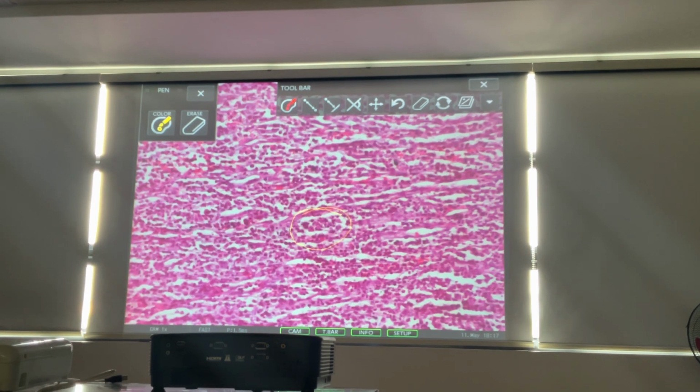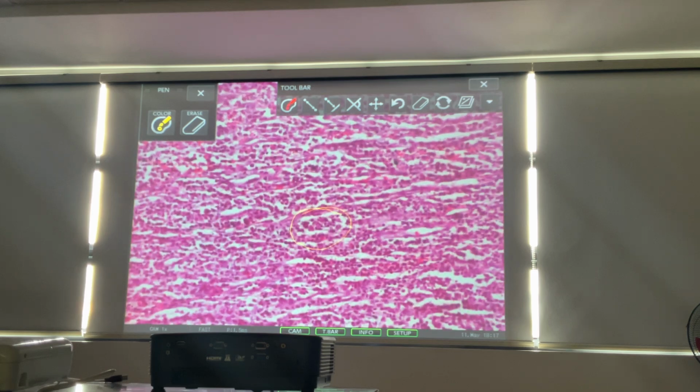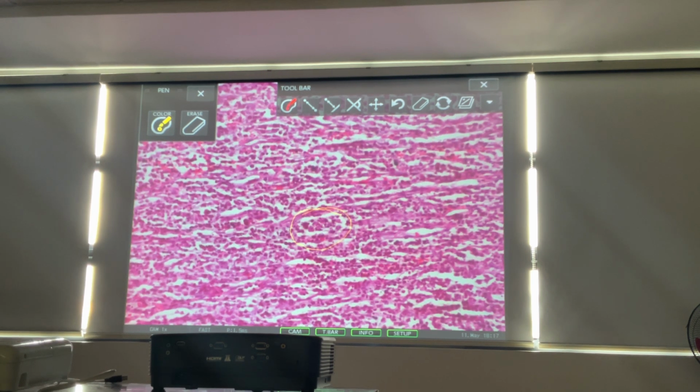Your WBC casts. So you can see that in patients with urinary tract infection or acute pyelonephritis. Aside from WBC casts, you would also see renal tubular epithelial cell casts.